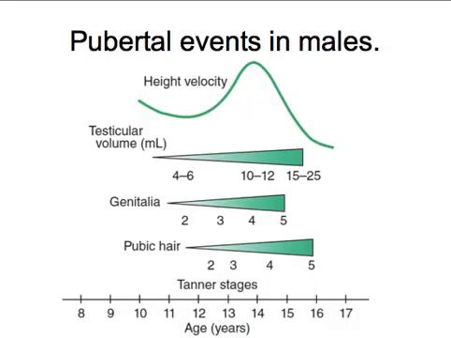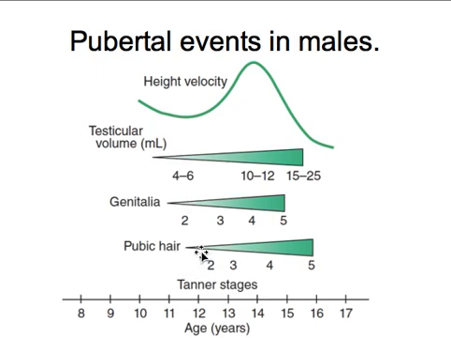So here are the pubertal events in males. As you can see, the testicular volume will be the first one to start increasing, followed by the development of your genitalia characteristics, such as the elongation of your penis, as well as the increase in corrugation of your scrotum.